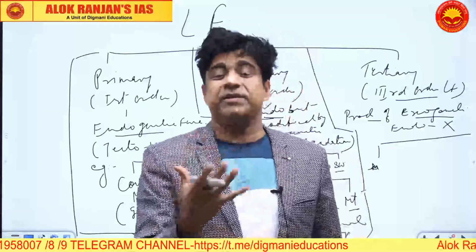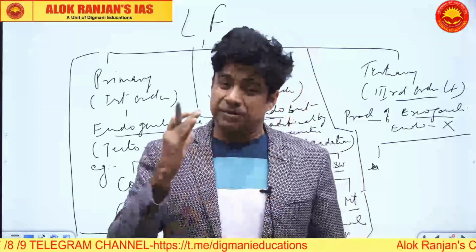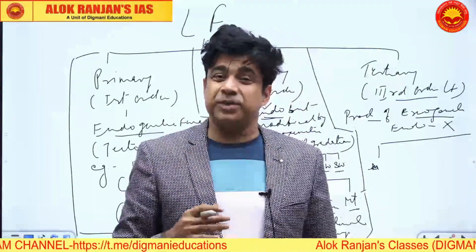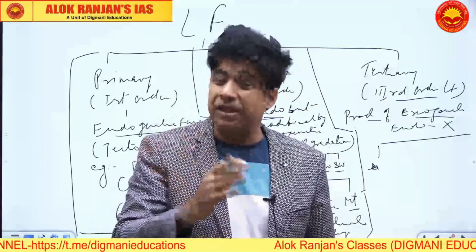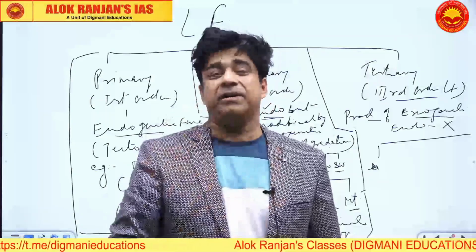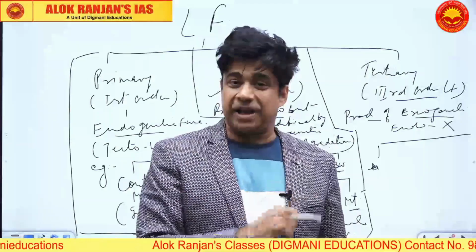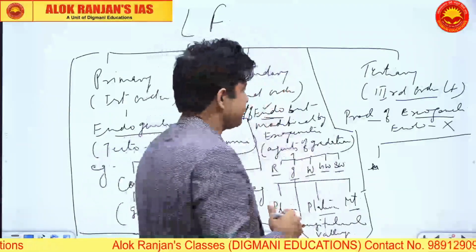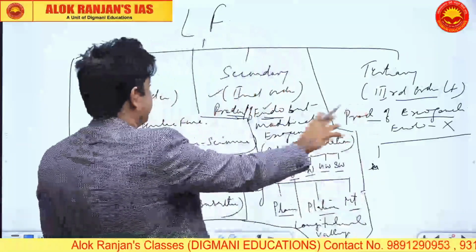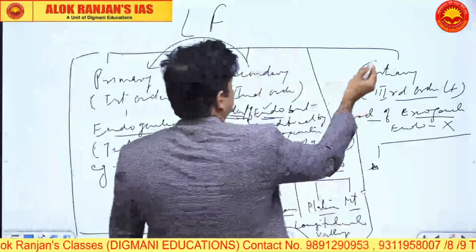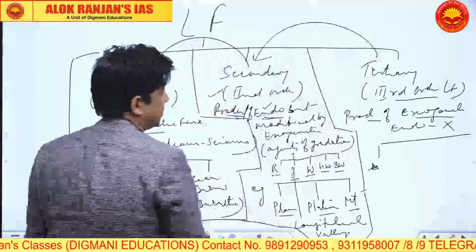If the ocean basin is the primary landform, then the ridges will be the secondary landform, and from the ridges what is produced? The sea hills, the guyots, the knolls. So these guyots, knolls and sea hills will be the tertiary landform. Please remember it. They are not really separable. Secondary landforms are embedded in primary, tertiaries are embedded in secondary.